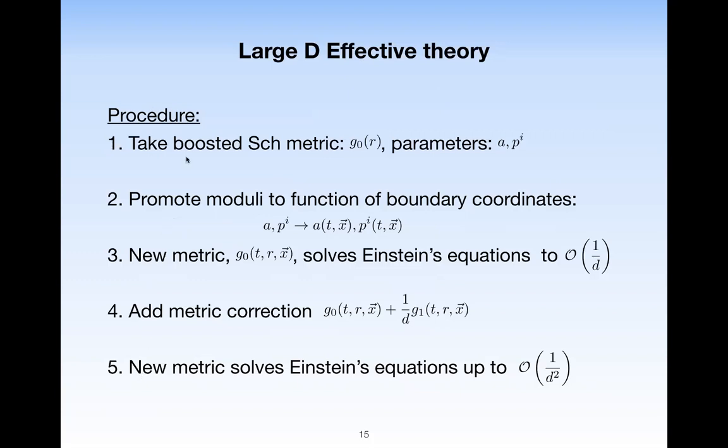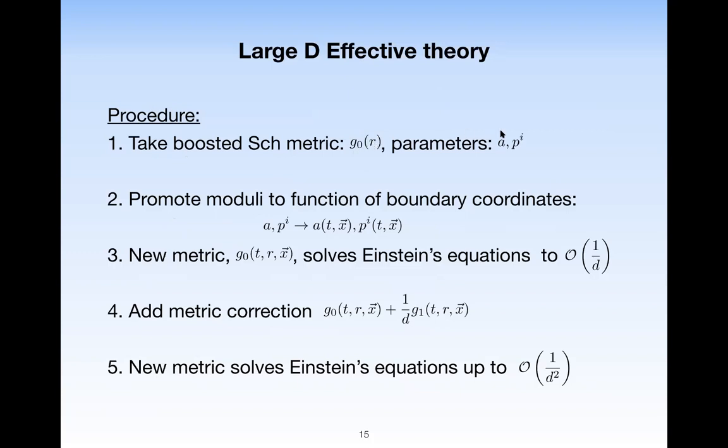So the starting point is our Schwarzschild-like black brane in AdS, which I showed earlier in the Eddington-Finkelstein form. Here, more compactly, I denote the whole metric by G0, and it's a function of the radial direction in AdS.